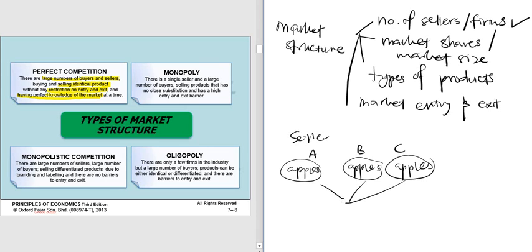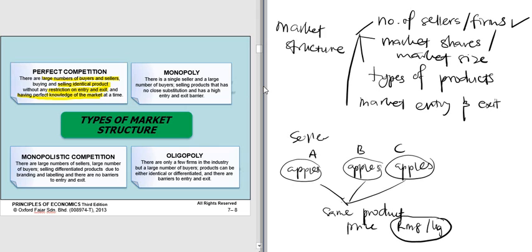So these sellers are selling the same product, therefore they have to impose the same price. If they sell apples at RM 8 per kg, then everyone must sell the apples at RM 8 per kg. We have a lot of sellers, meaning everyone can sell apples, even you yourself.